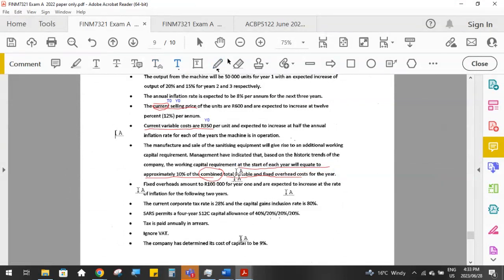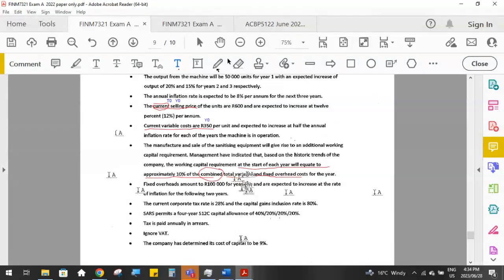Okay, so that means for each of the 3 years, you have to calculate the rand value of the total variable costs for the number of units that will be made in that year, plus the fixed overheads for that year, then calculate 10% of that amount, and that is the required working capital requirement at the start of that particular year.